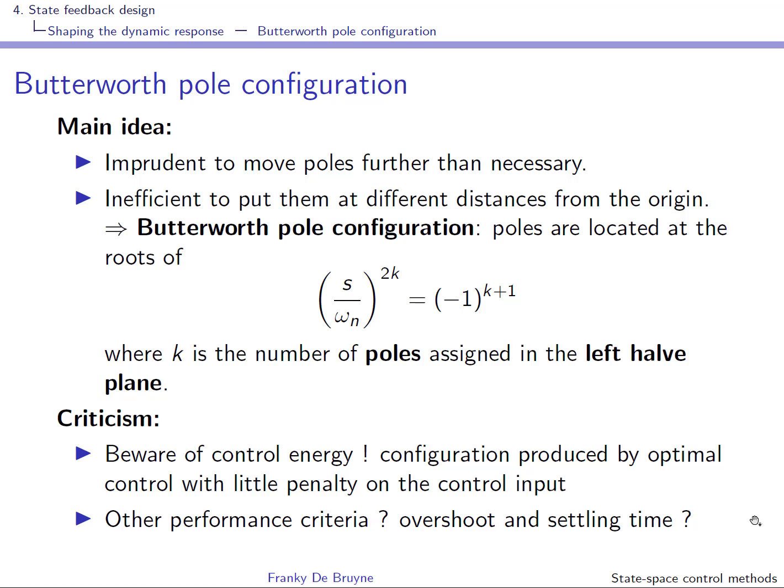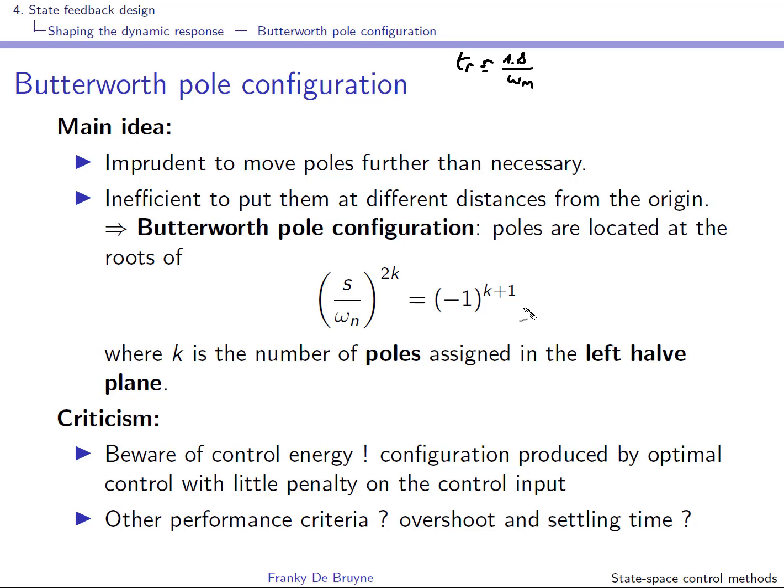So the idea is to put them all at the same distance from the origin in the left half plane. Remember that the rise time Tr is related to the natural frequency through this equation, approximately 1.8 over omega n, and this distance to the origin is exactly this natural frequency.